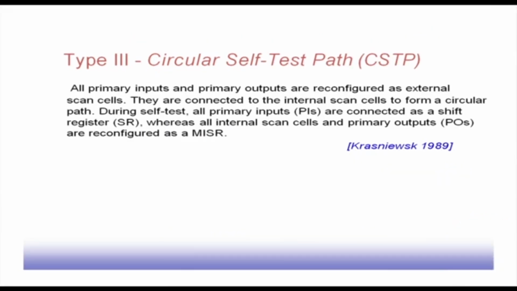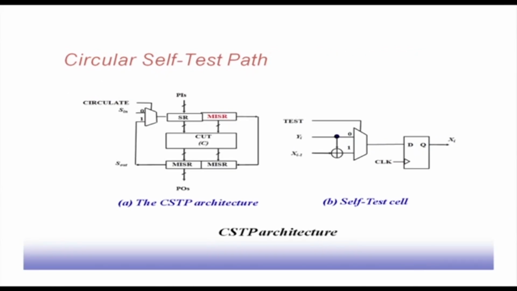Then there is another structure which is circular self test path. Here this is one shift register and MISR is there, with the circuit under test. This pattern will be applied, and this is going to be circulated, in the sense that when the circulate input is 1, this MISR's response is again put into this shift register.